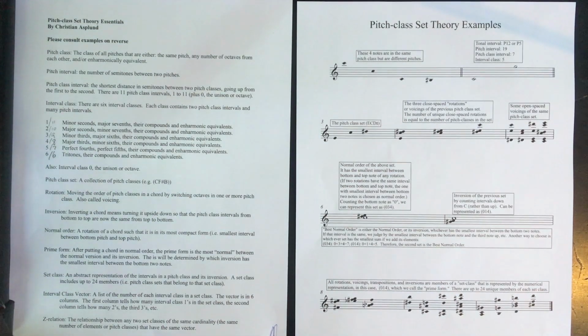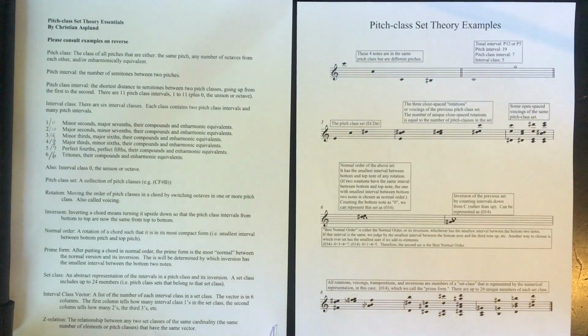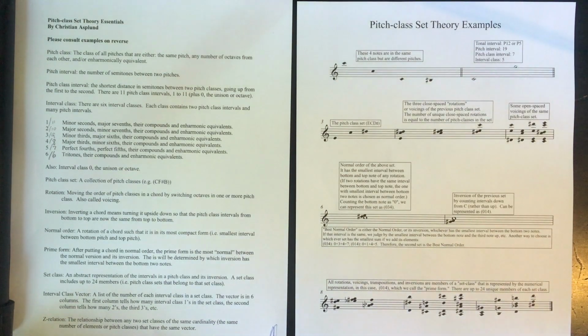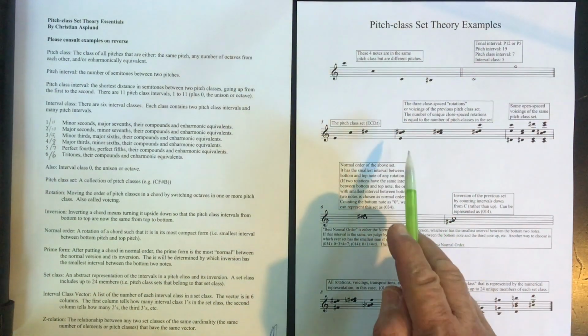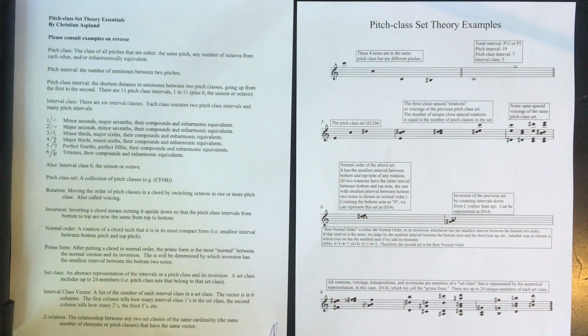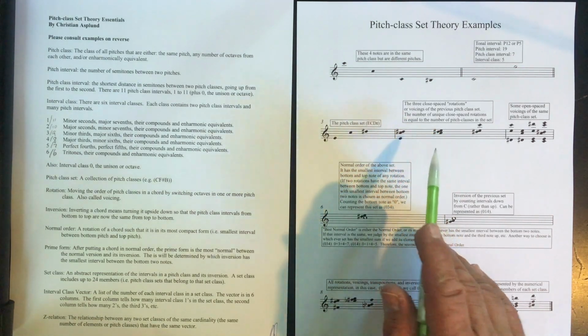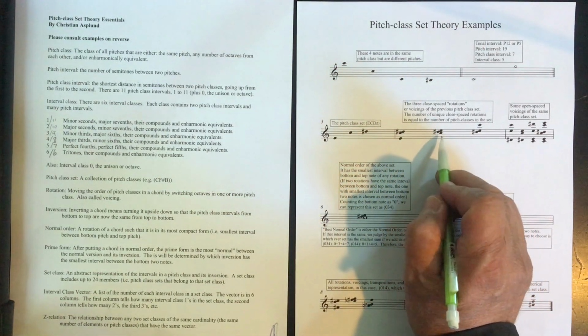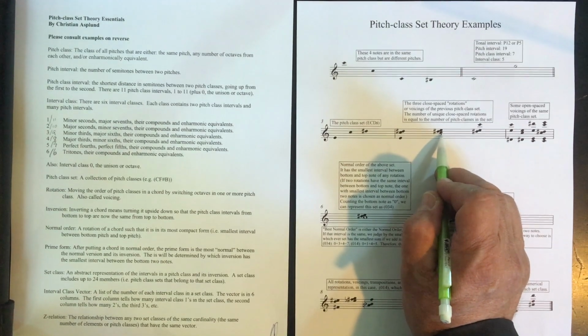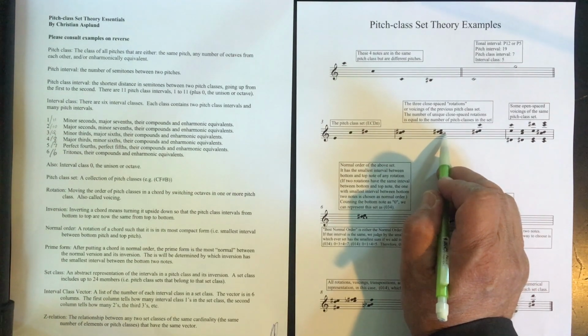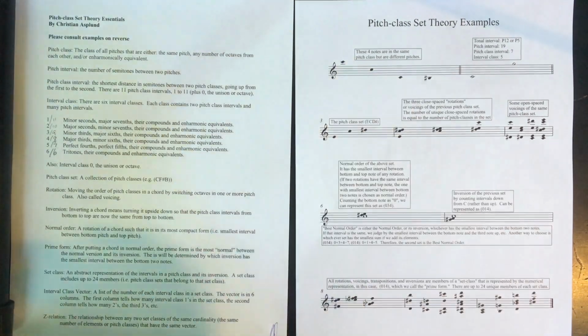Now, occasionally you'll get versions of the same chord that have the same interval between the top and the bottom note. Then you want to say, well, which one has the smallest interval between the bottom and the next note up? And that's going to be the normal order.